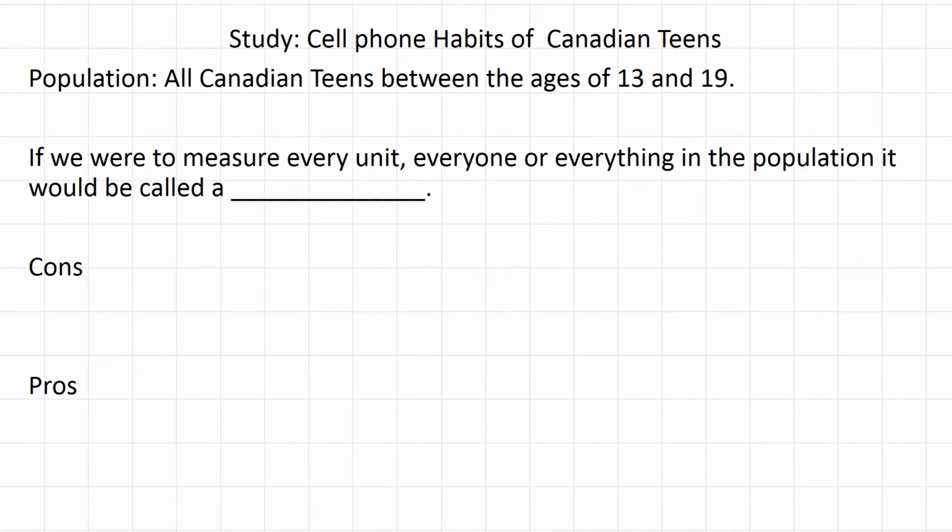So let's go back to the cell phone habits of Canadian teens, and we decide that we want to study all Canadian teens between the ages of 13 and 19. So we're very specific, and if we were to measure every unit, that means in this case every teen in that population, it would be called a census. Now, the cons of trying to conduct that survey, I think, might be pretty obvious.